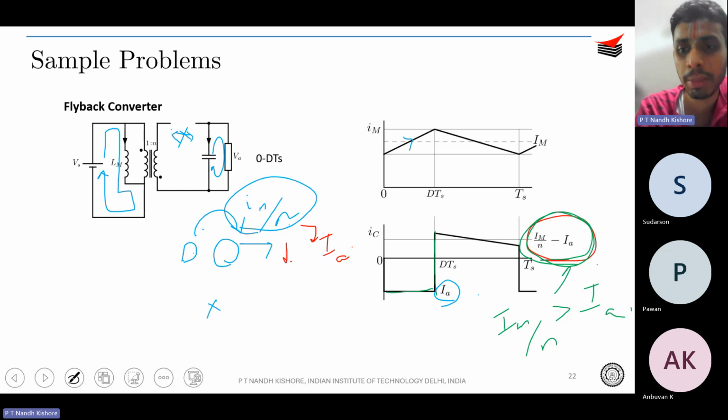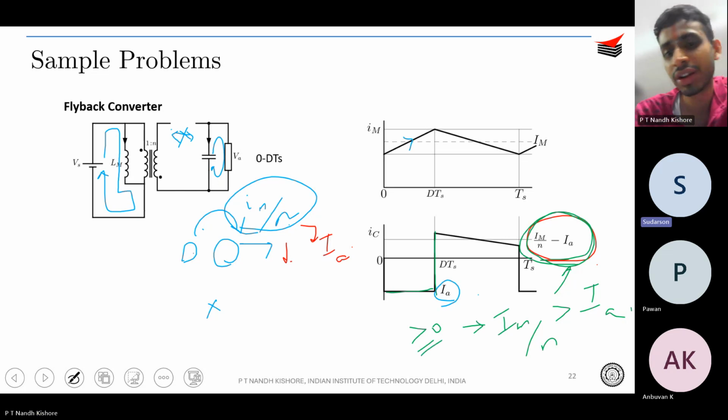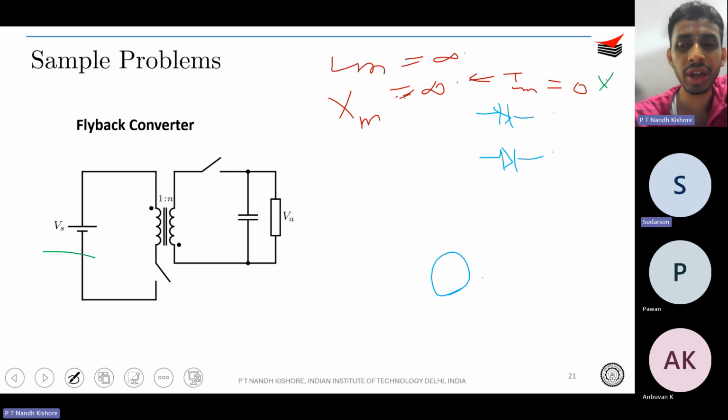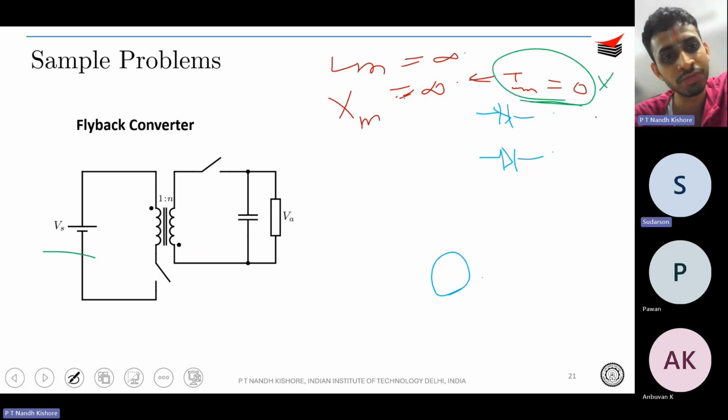And for this, your Im needs to be more than 0. If you have an ideal transformer, you can never get Im more than 0. You will always get Im equal to 0.